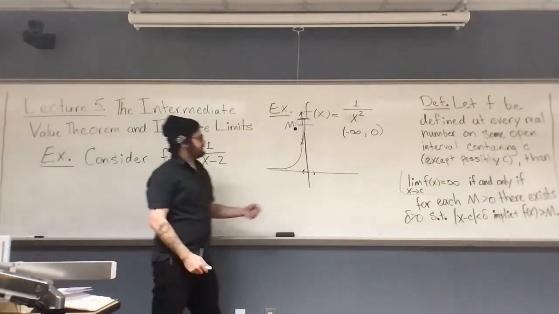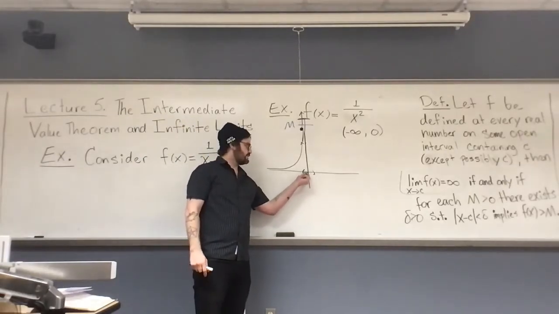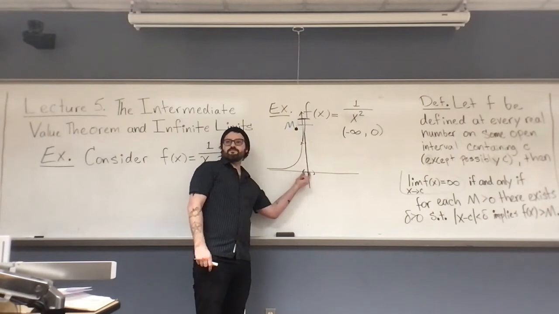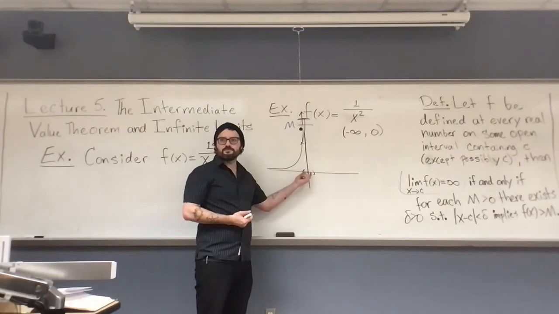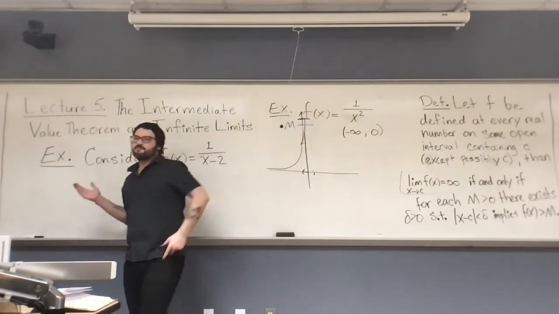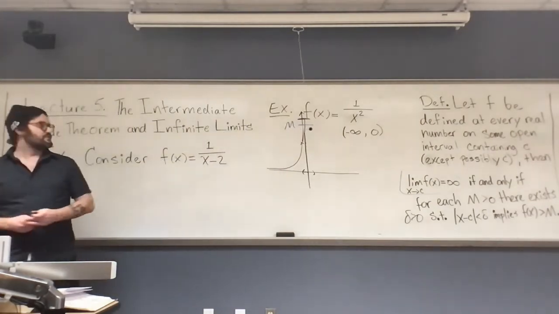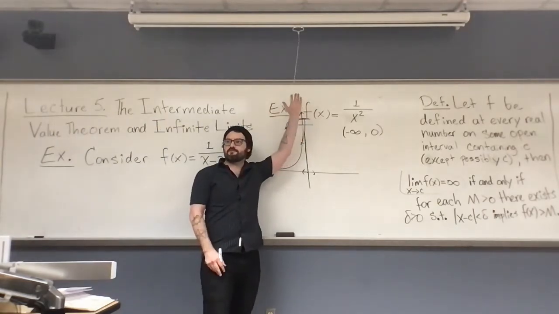That's what it's saying, right? Like this is distance to 0 is within delta. It's like 0 plus delta, 0 minus delta. Right? This is saying there exists some interval, some delta that makes that interval, so that whenever x is in there, we evaluate the function, it's past that m. And this is for any m that we choose, right? Which we know that this thing blows up, right? It just goes off to infinity.